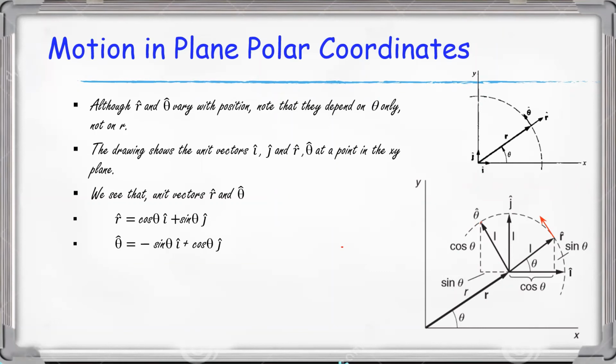To find the components, we draw a perpendicular to the x axis, and here it is not x axis, it is minus x.